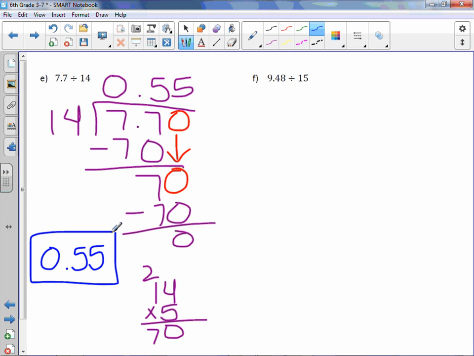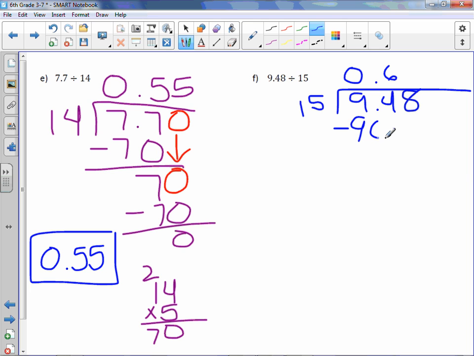Letter F. 15 into 9.48. Bring up your decimal point. 15 can't go into 9, but it can go into 94 6 times. 15, 30, 45, 60, 75, 90. Subtract and get 4.